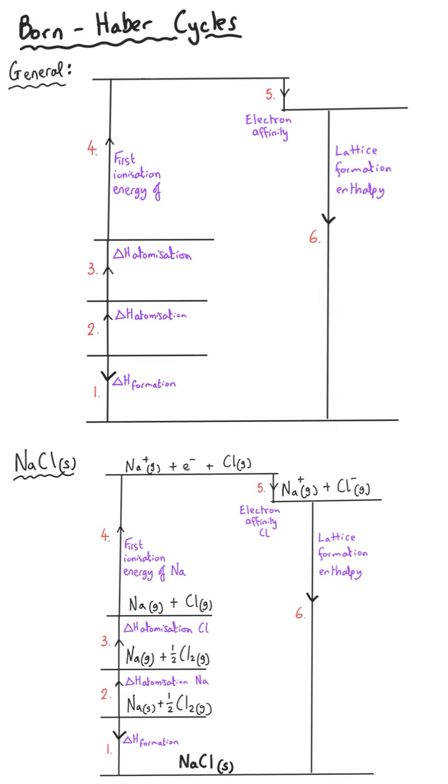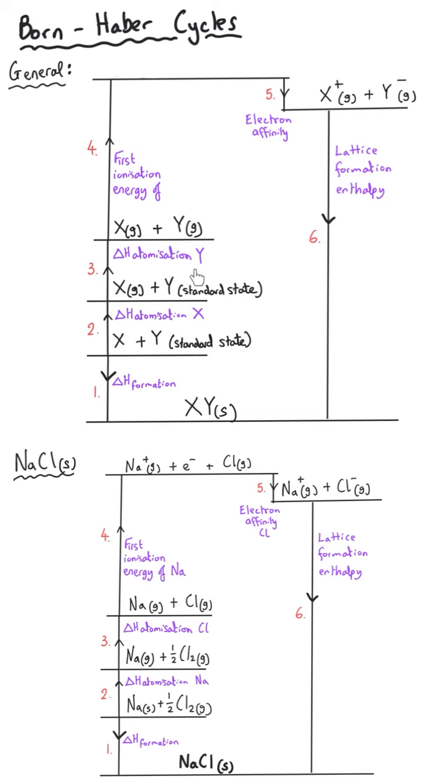As a general rule then for Born-Haber cycles, you have your ionic lattice at the bottom, you have the elements in their standard states above that and to the left with an arrow connecting the two. You've got the gaseous ions probably above that and to the right, and then you've got one of the elements has been atomized, and then the other element has been atomized, so that's 2 atomizations, one after the other.